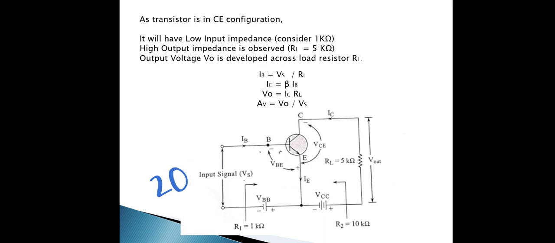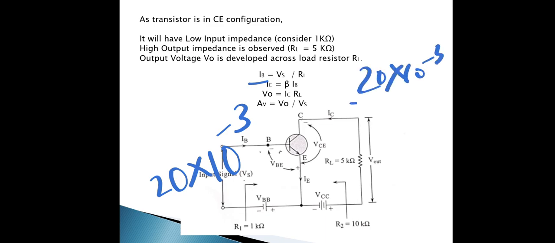The input signal Vs, kindly consider it as 20 into 10 power minus 3. So to calculate IB, take 20 into 10 power minus 3 divided by the value of Ri, which we already considered as 1 kilo ohm, that is 1 into 10 power 3.